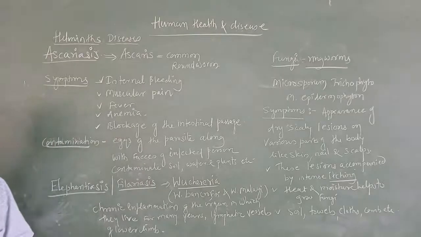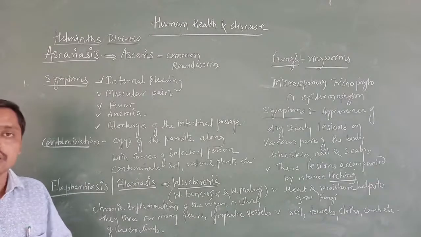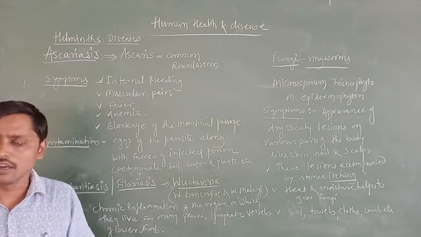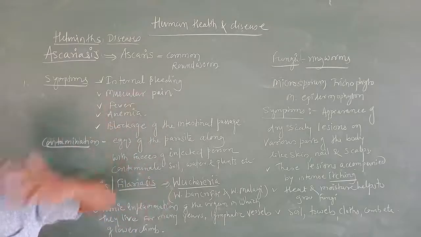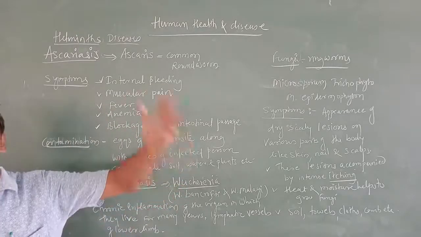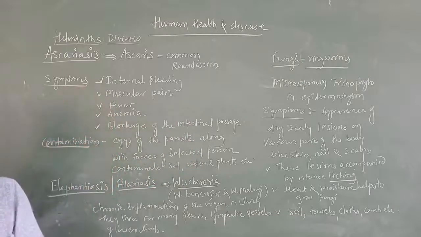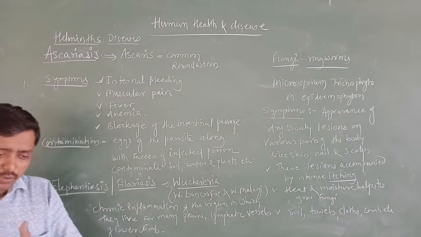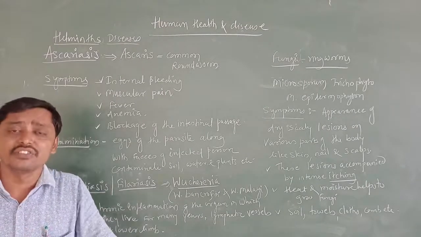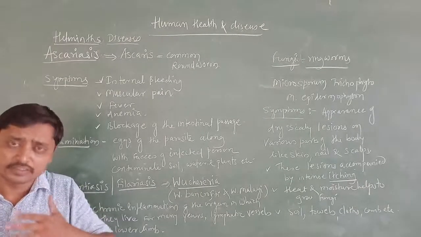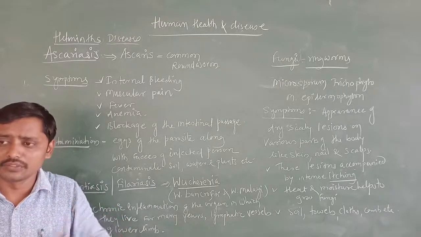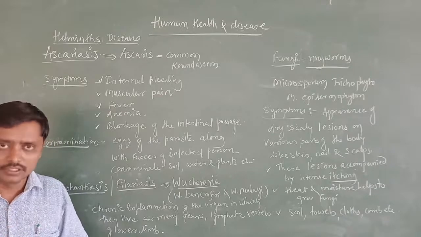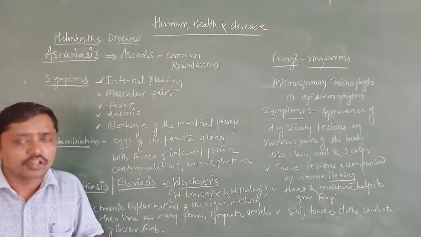This causes chronic inflammation. What is meant by chronic inflammation? Chronic in the sense of longer duration. It may take 6 months or it may take many years. When we talk about chronic diseases, those are diseases that stay in our body for a longer time.